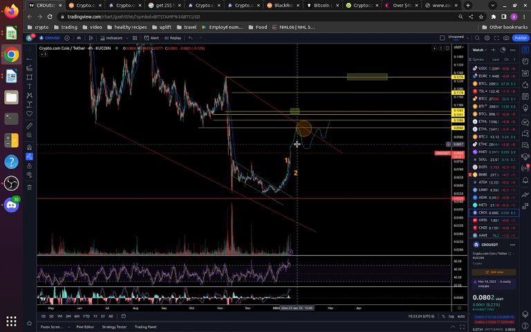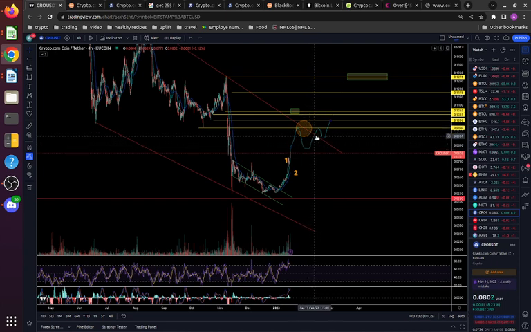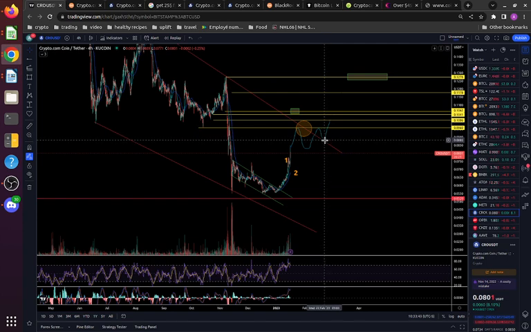It could happen, but it would be better if it bounces back from the resistance and then goes a little bit lower, breaks this downtrend, and then maybe reacts again to this first resistance, and then makes a pullback and uses this downtrend line as a support.